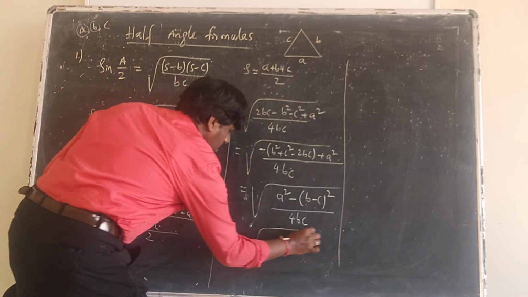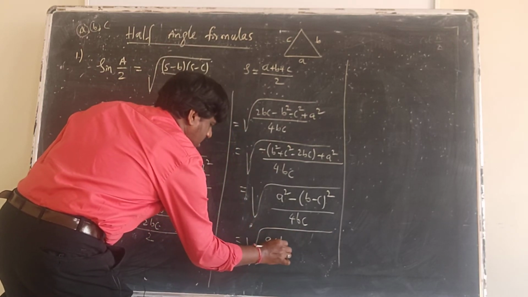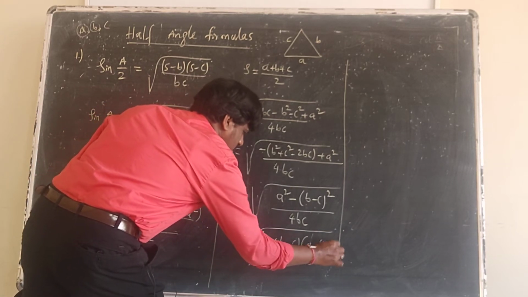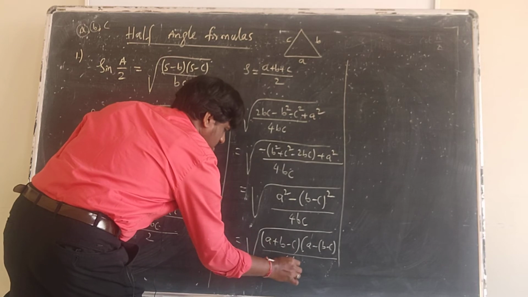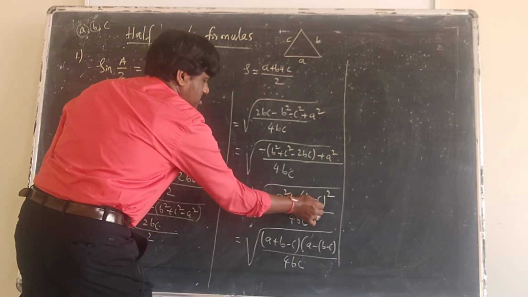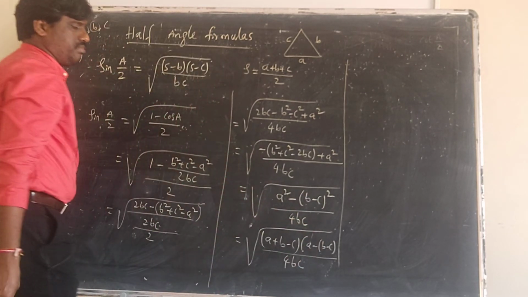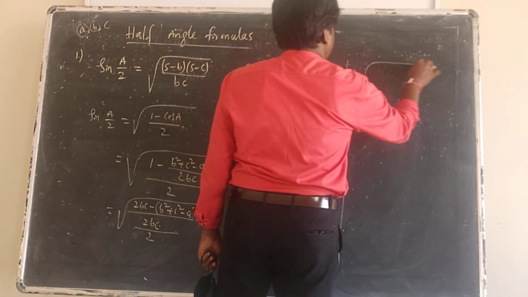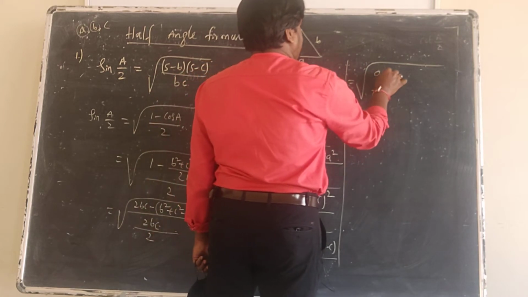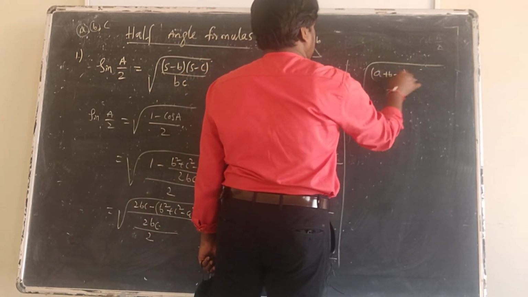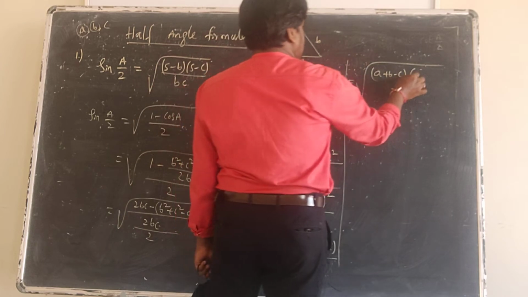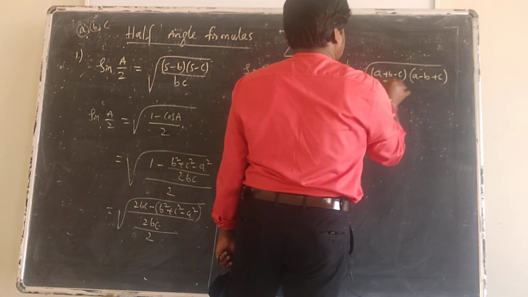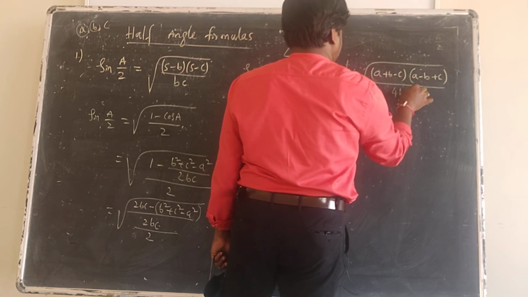Square root of A plus B minus C into A minus B plus C, divided by 4BC, because this is A, this is B, using the A plus B into A minus B formula.